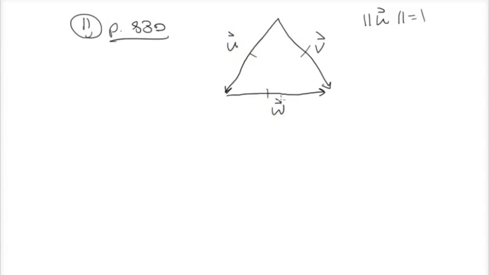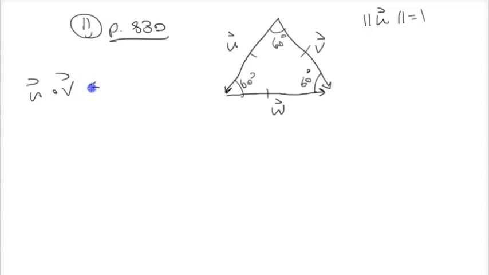So the first thing that we need to notice here is this kind of forms an equilateral triangle. So all these angles here are going to be 60 degrees. And so this makes finding the dot product between u and v relatively easy, because both of their tails are together, so that means that the angle between them is 60.